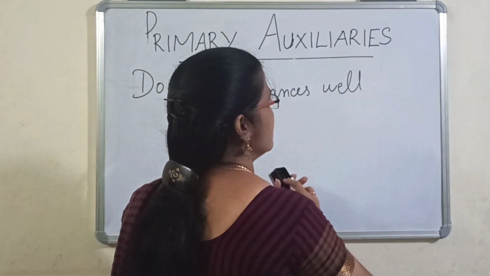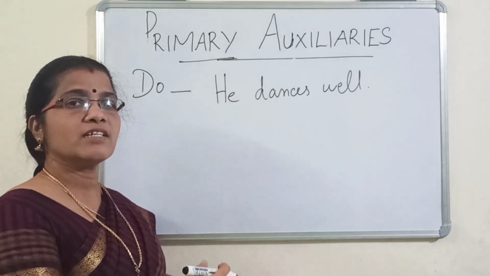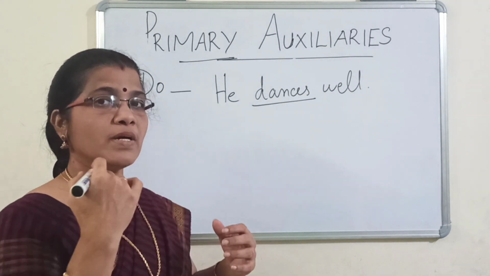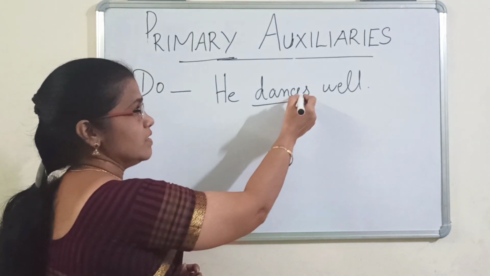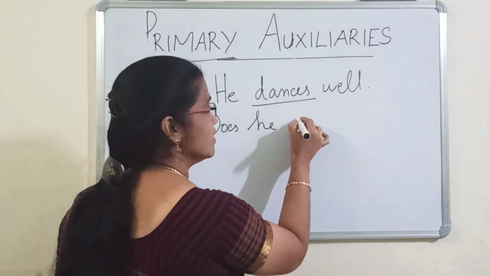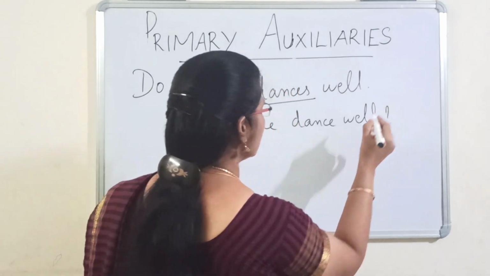If I want to make this an interrogative sentence, how can I frame a question from this? This is dances. How do I write? Does he dance well?